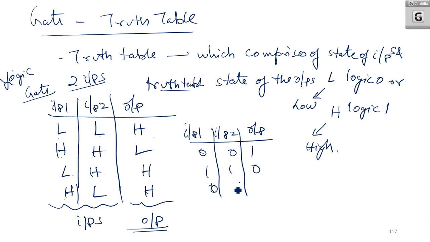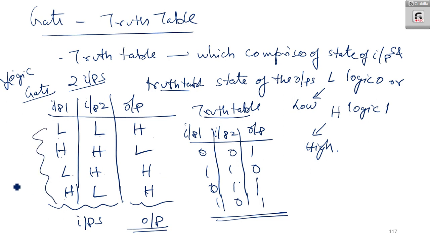Both are truth tables, and the only difference is in the representation. One is based on high and low, the other on the logic bit, logic 0 or logic 1.